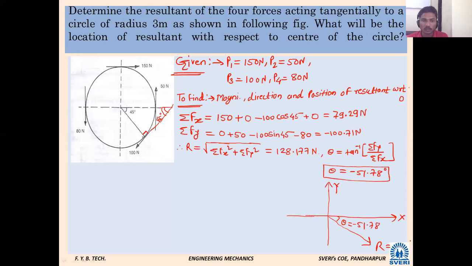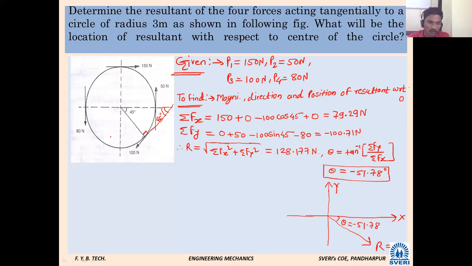There will be one thing you should solve very carefully. For example, the 100 Newton force is inclined, and you should be able to find that angle. We have seen the principle of transmissibility of force. We transfer that force to the back side till it crosses the x-axis. At that point, you should be able to find the angle 45.